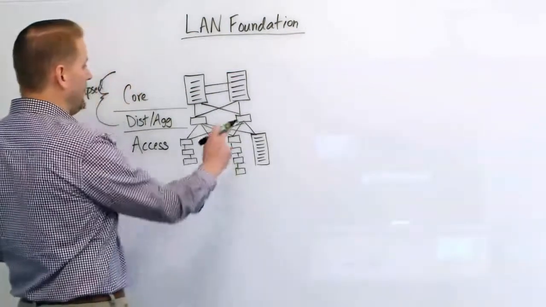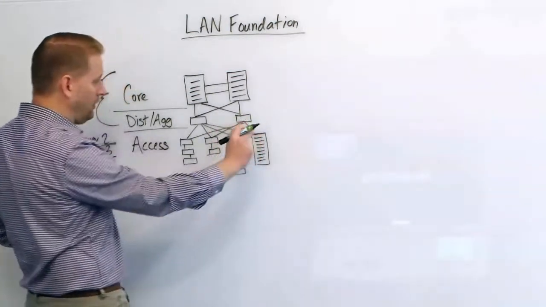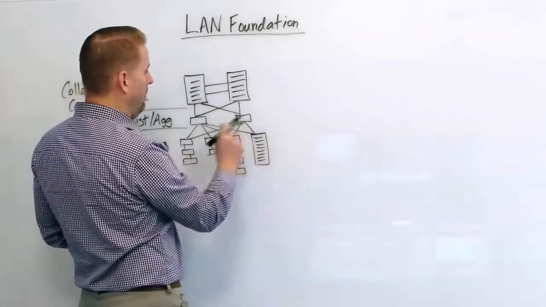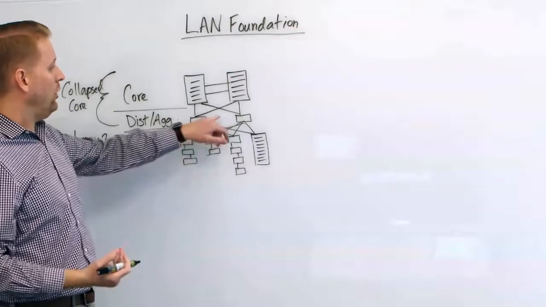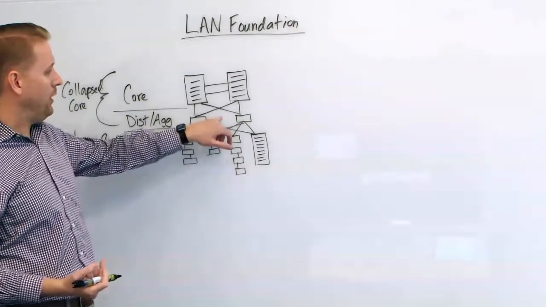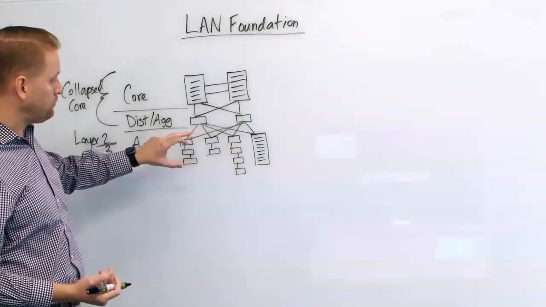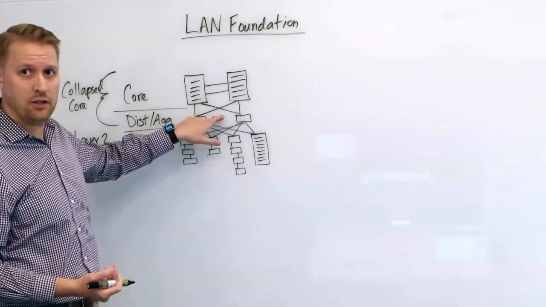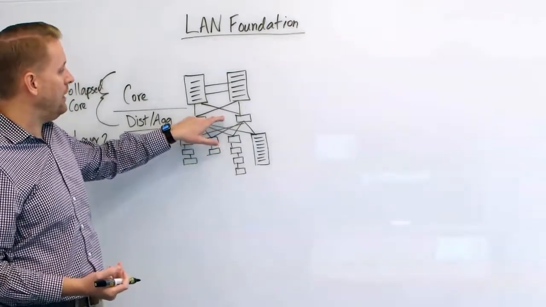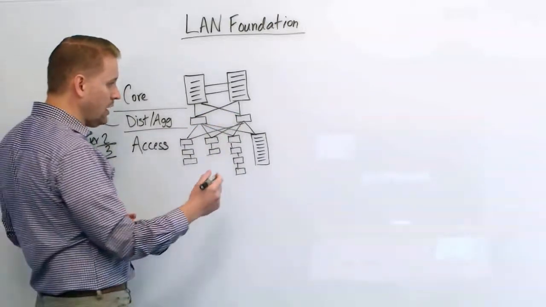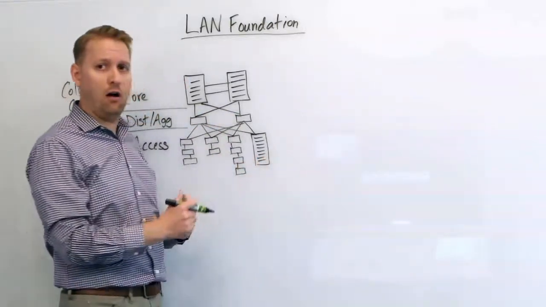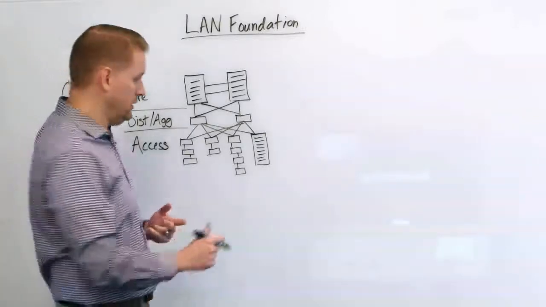So these uplinks, let's talk about them for just a minute. These are typically fiber. In fact, it's highly recommended that they be fiber. What type of fiber optic cable, how fast that connection is depends on the connector that these fiber optic cables plug into. So these connectors are called transceivers.